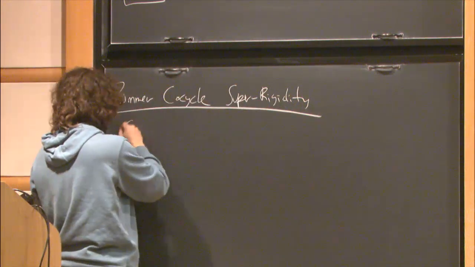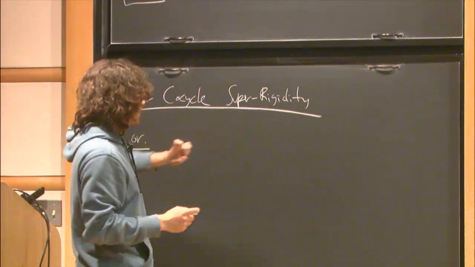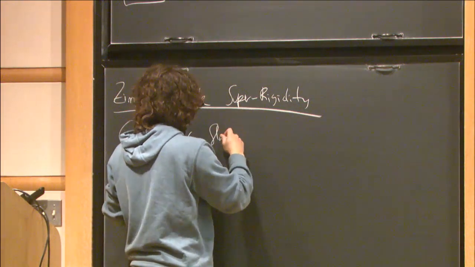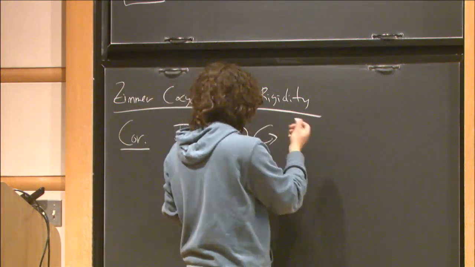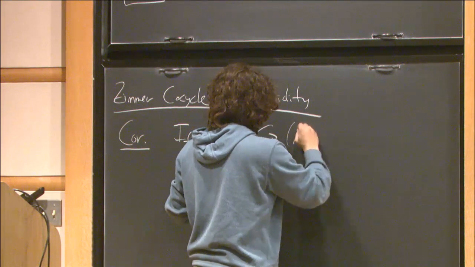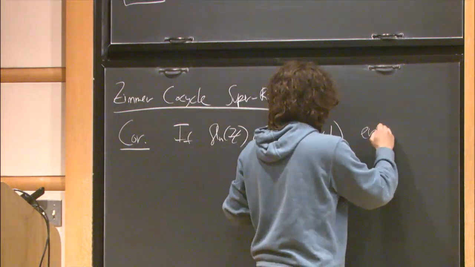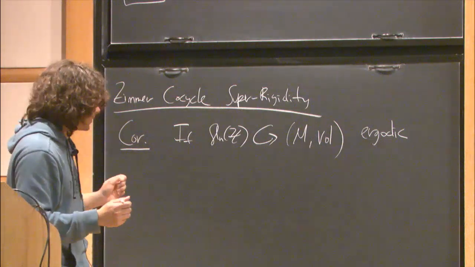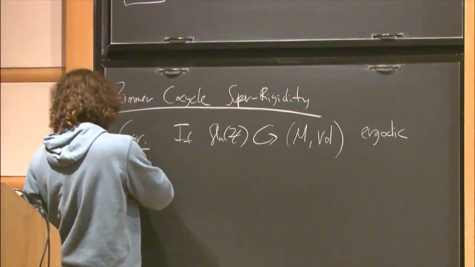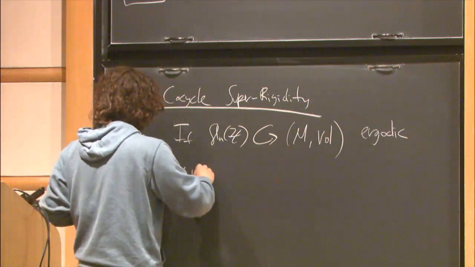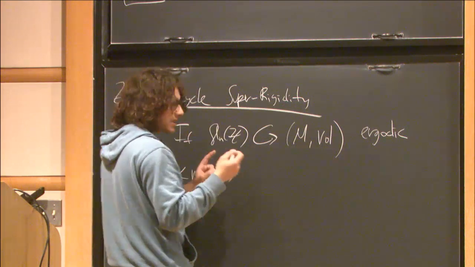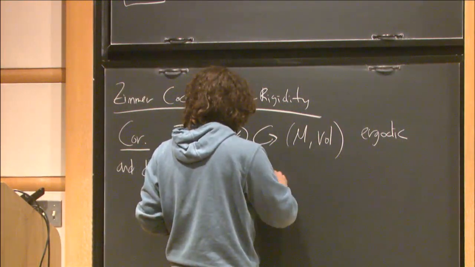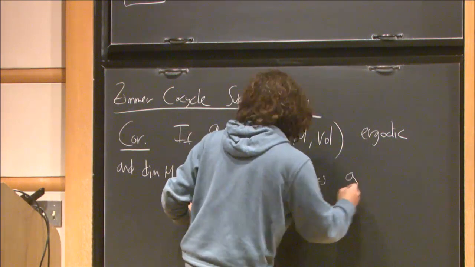The consequence of Zimmer cocycle superrigidity is that if you have an action of SL_n(Z) on M, volume preserving, and the action is ergodic, meaning there are no invariant sets of measure between 0 and 1, and the dimension of M is less than n minus 1, then SL_n(R) preserves a measurable Riemannian metric.